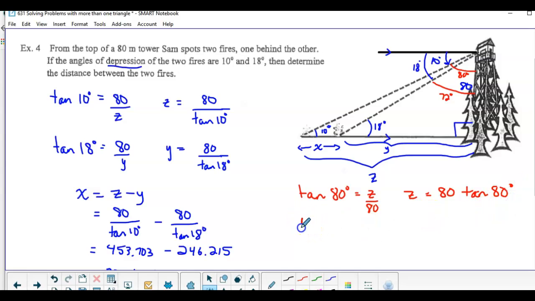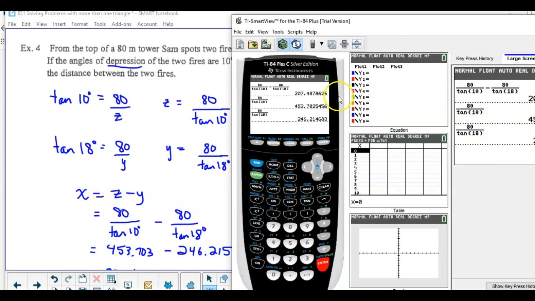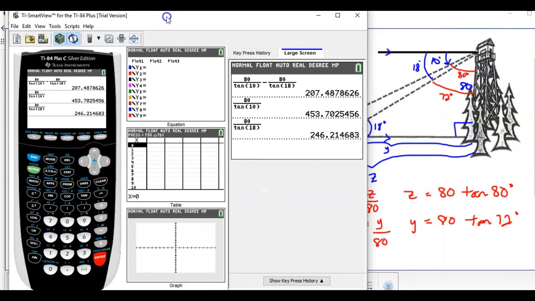And then your inside triangle, that would be tan of 72, would be Y over 80. And so Y would equal 80 tan of 72.